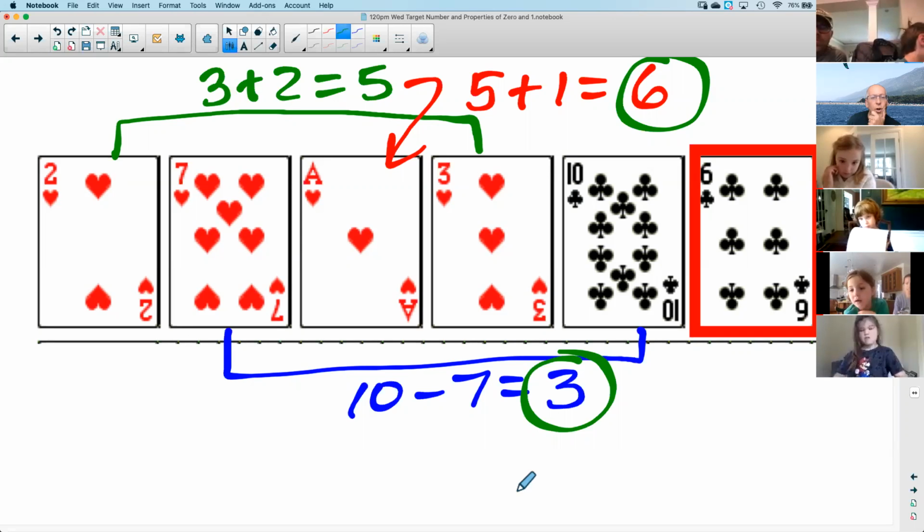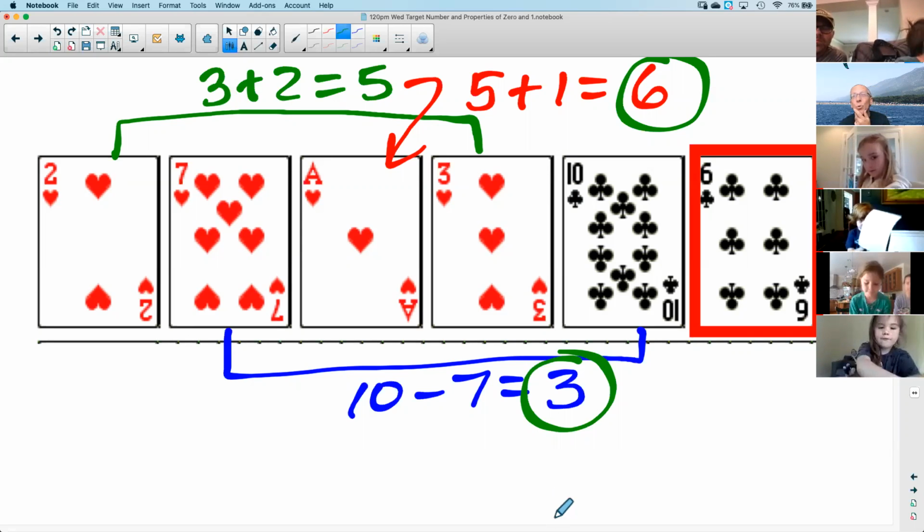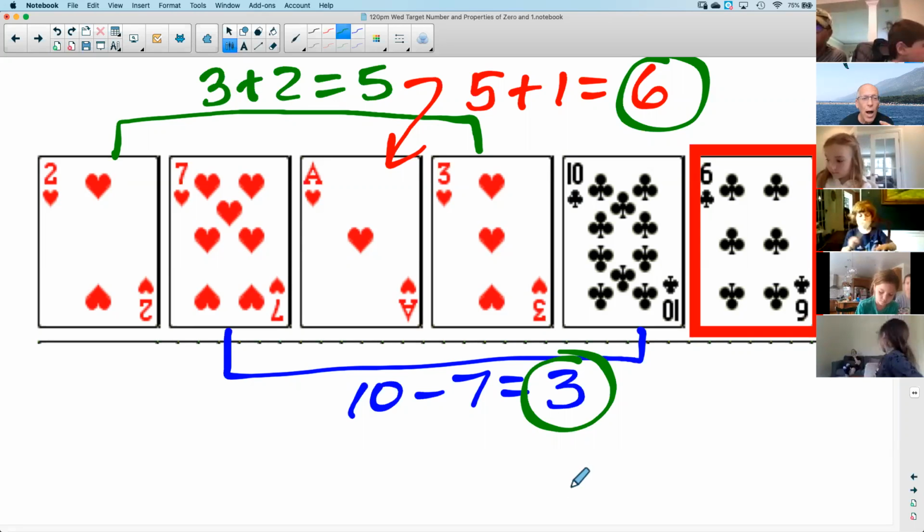So we could subtract 3 from 6, but we get 3. We can divide 6 by 3 and we get 2. Why don't you try again and see if you can get to the number 6? That was a great try.